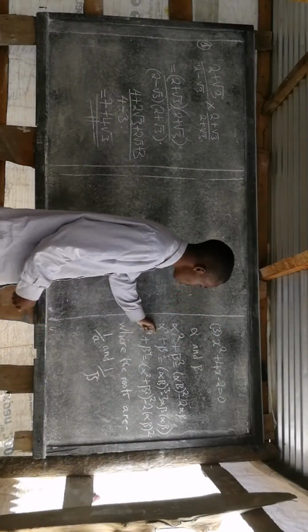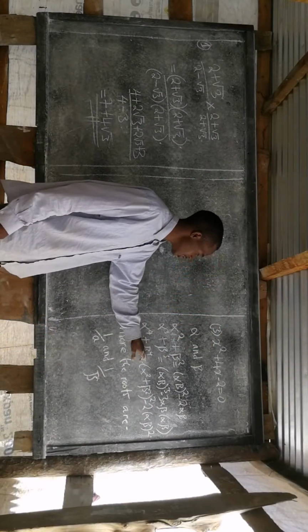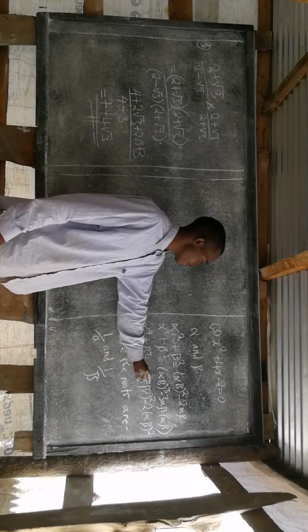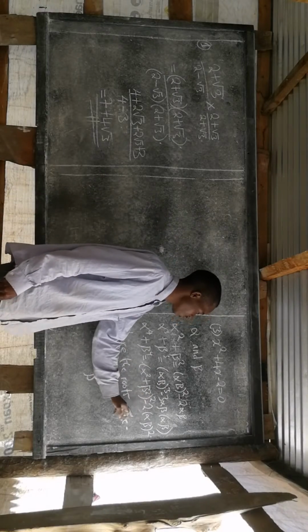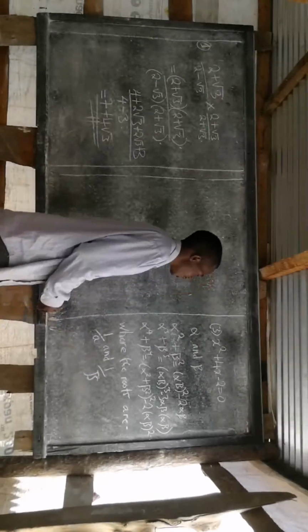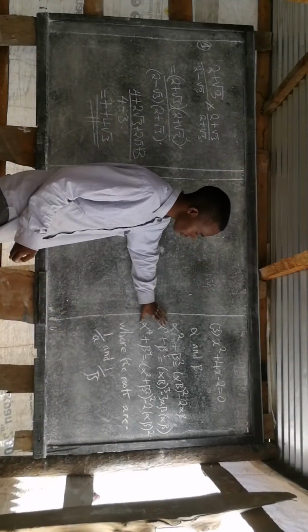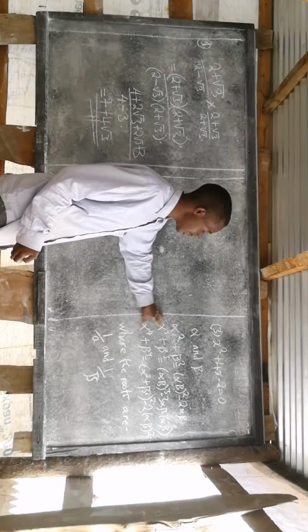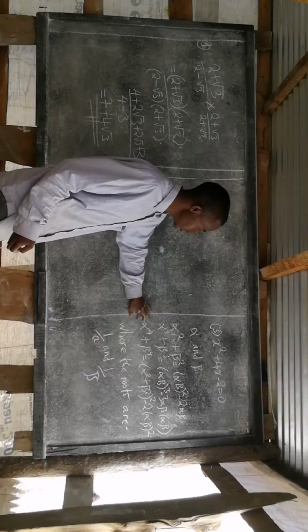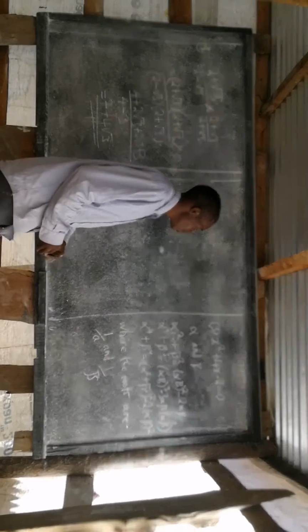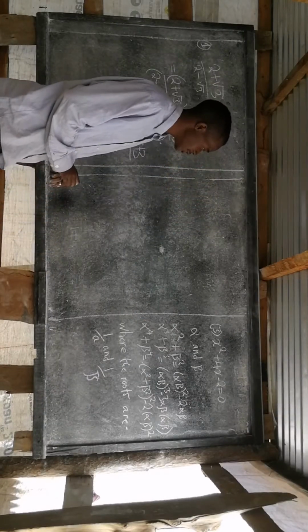Alpha to the power 4 plus beta to the power 4 is equal to alpha squared plus beta squared, then squared, minus 2 alpha beta squared. So these are the key formulas. They will not give you in the exam, so you just need to know them. When you know them, it will be much easier and simpler for you.